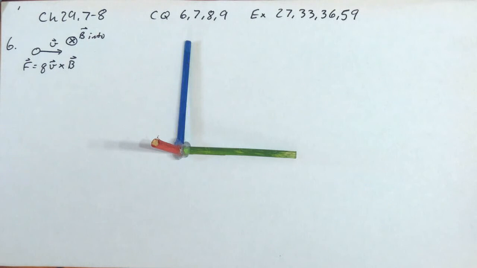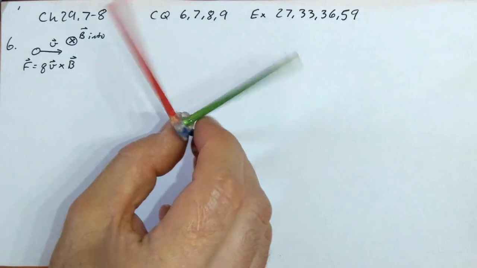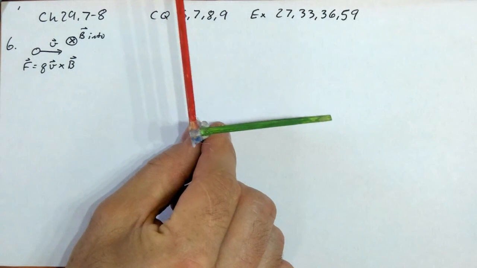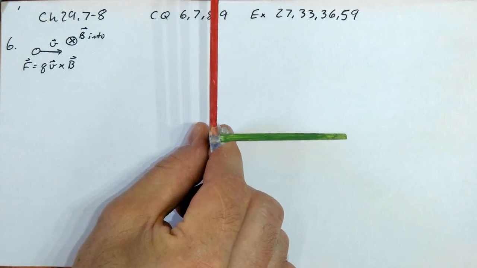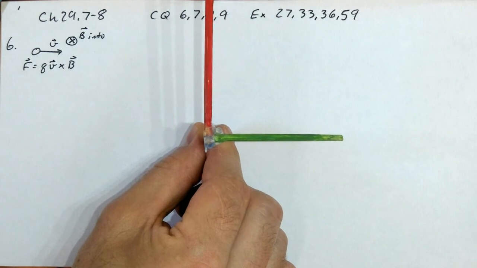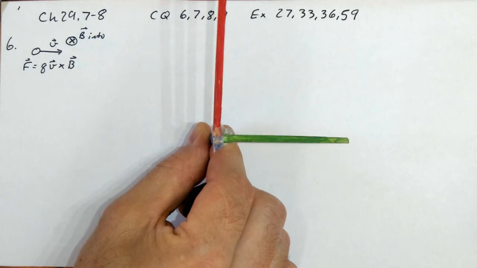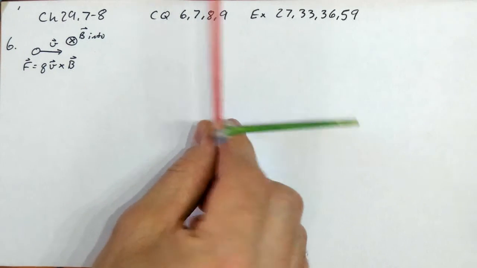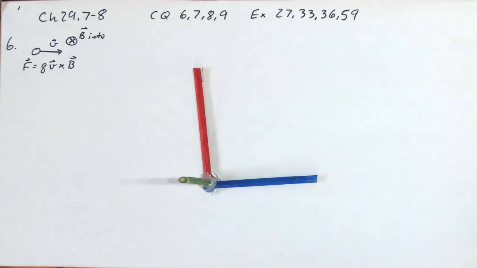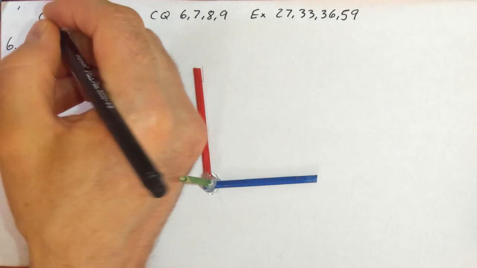The magnetic field is into the page, so in order to make that work, I have to tip this up like this. The magnetic force on this particle by that field is pointing up the page. So we can write that down: our force is up the page.